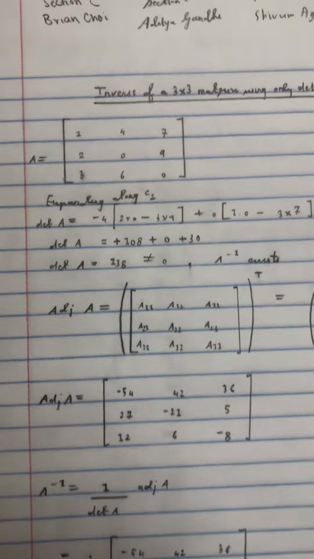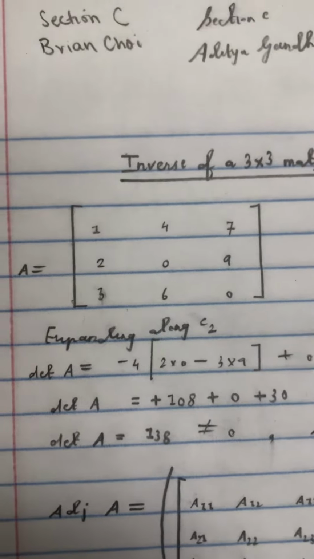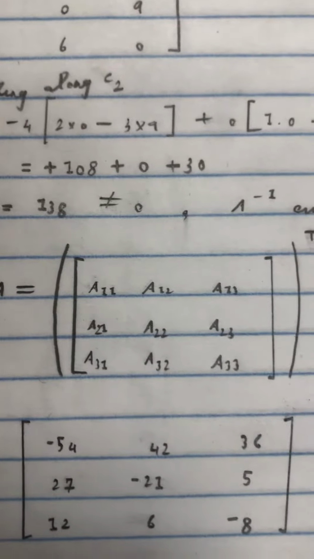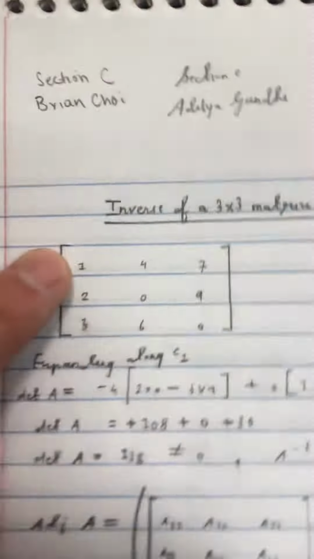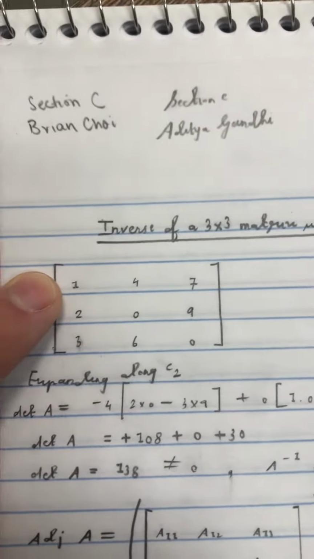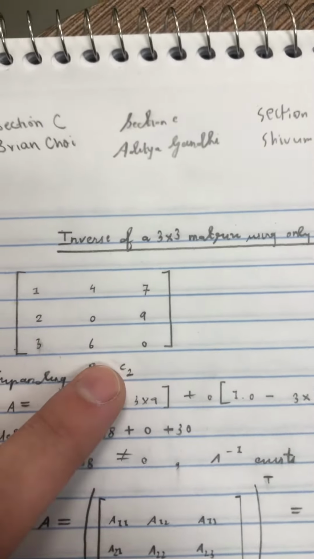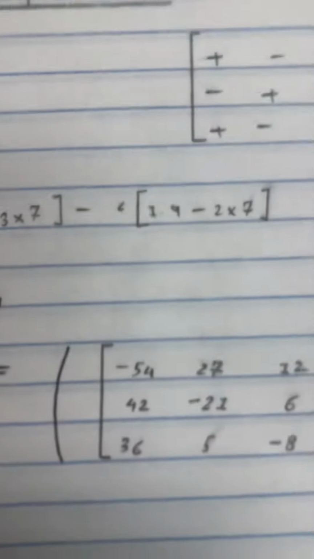Okay, so then after determining that there is an inverse, what we want to do is take the cofactor matrix of A. So since this is our matrix A, you can see that once we take the cofactor matrix, for example, if you have row 1, column 1, the cofactor of A11 will be 0 times 0 minus 9 times 6, which is negative 54.